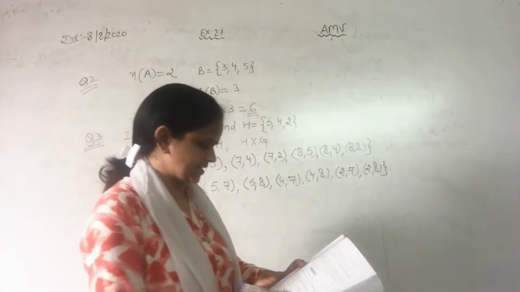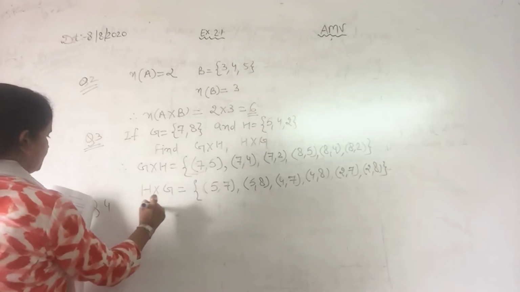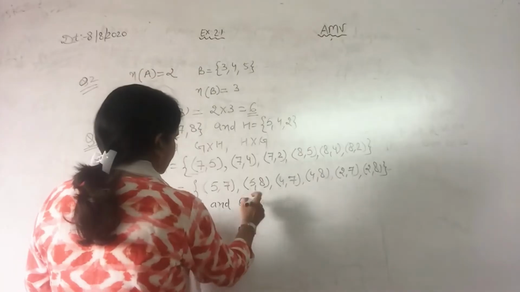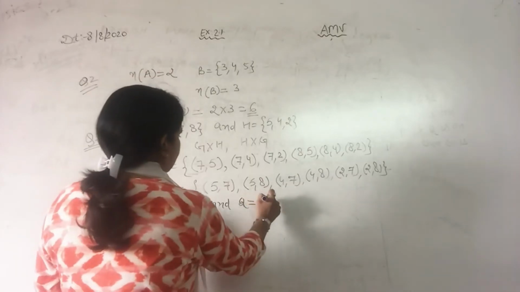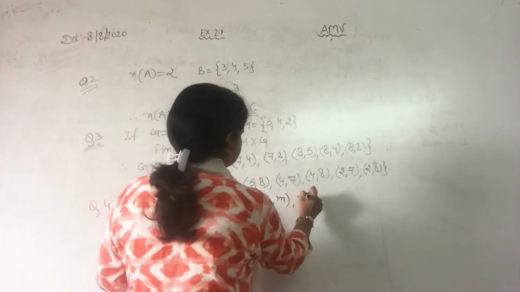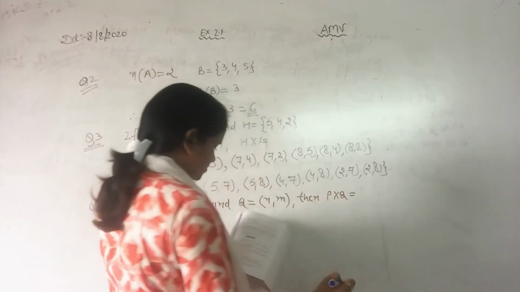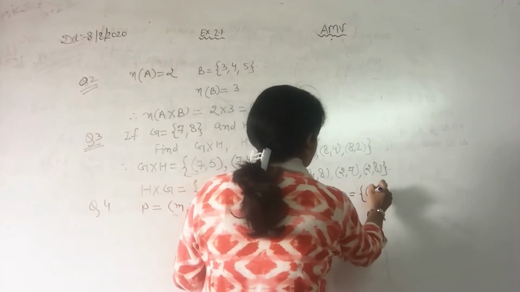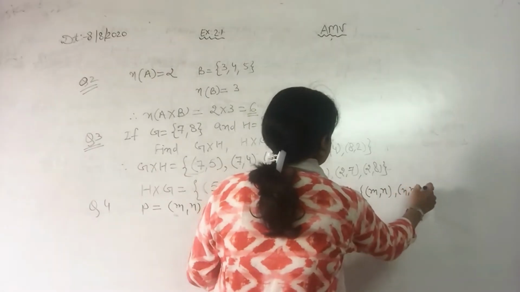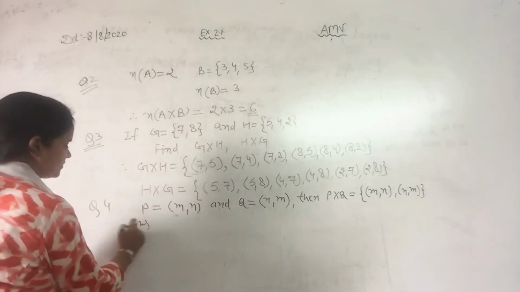So first is, if P is given as {M, N} and Q is given as {N, M}, then Cartesian product P×Q is equal to {M, N} and {N, M}. Very simple. It's false.